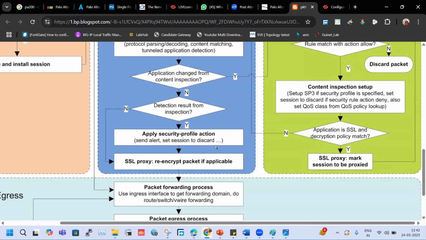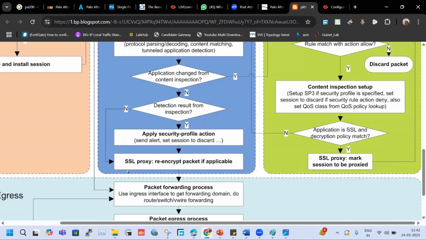All those profiles will be checked against the policy, whether we have set it to allow or deny, whatever action we have put there. It will take the decision according to the policy, whether we are accepting the traffic or discarding that particular traffic.